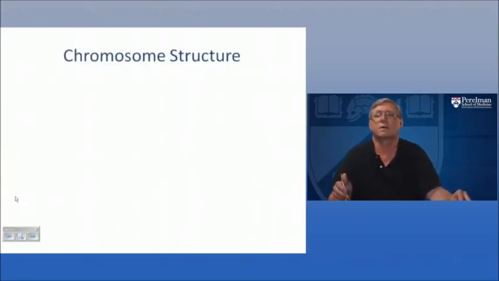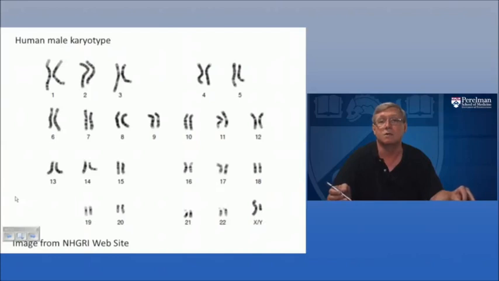So chromosome structure. I wanted to give you a quick overview of chromosome structure, and in particular how it relates to the genome sequencing and assembly aspects of the Human Genome Project. I showed you metaphase chromosomes before. This is the unit level organization of the human genome. Already you have it divided into 23 different segments, each segment being, of course, a complete chromosome from one end to the other.